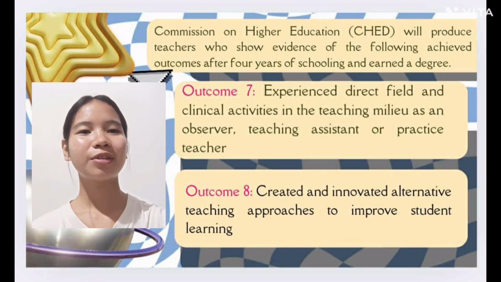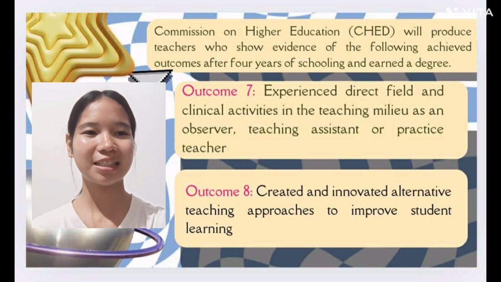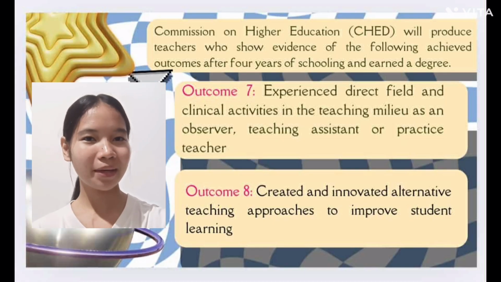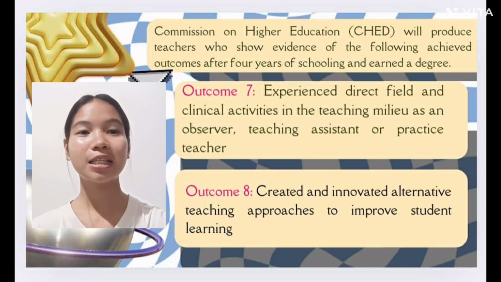Outcome 7, which is all about experience, direct field, and clinical activities in the teaching milieu as an observer, assistant, or practice teacher. So, before becoming a licensed teacher, education students must experience teaching in real classrooms. This allows us to apply theories we learned in actual situations.